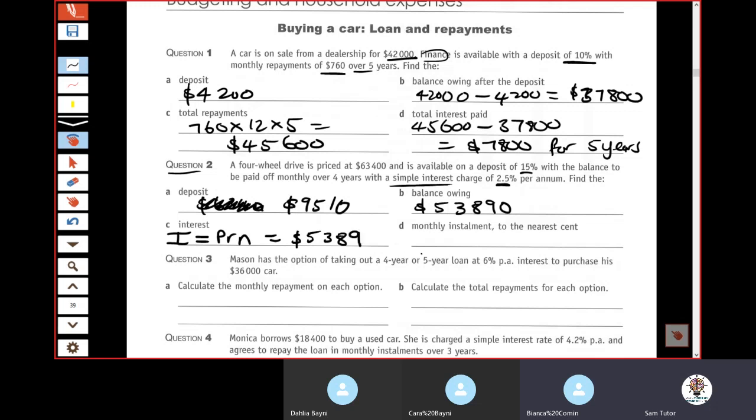It doesn't look right. I got 951. You did this amount as your P. Your P should have been this amount. So it's 53,000. That's your principal, rate 2.5%.